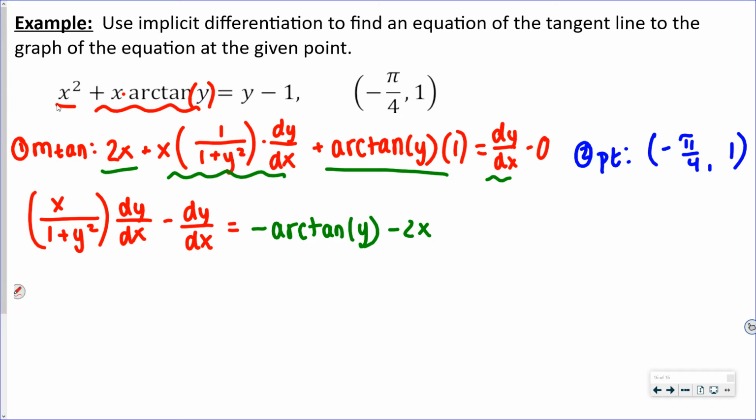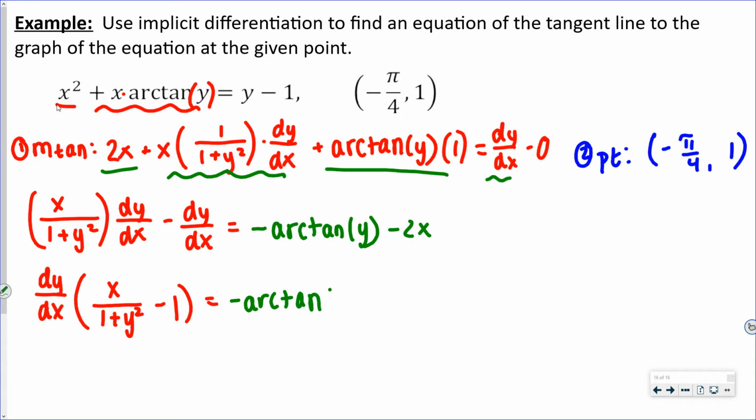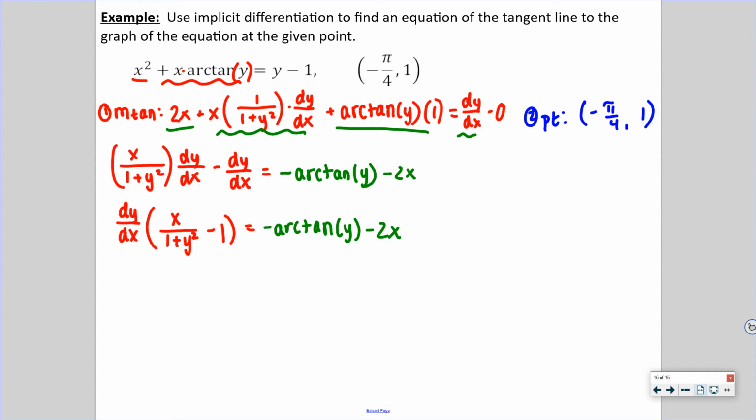Let's factor out the dy dx. Almost done. I'm just going to divide both sides by this. Oh, don't forget when you factor that out to leave behind minus 1.